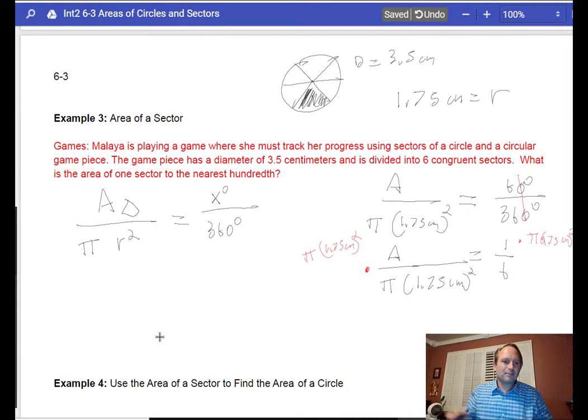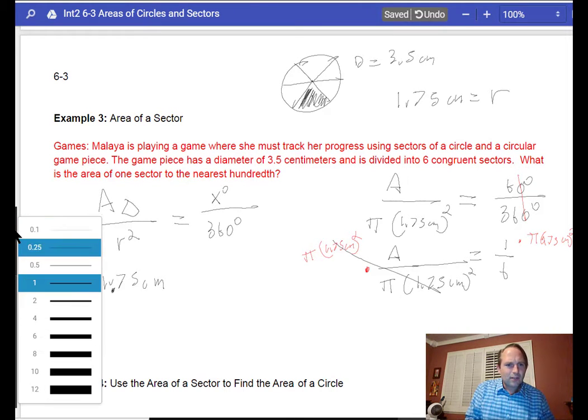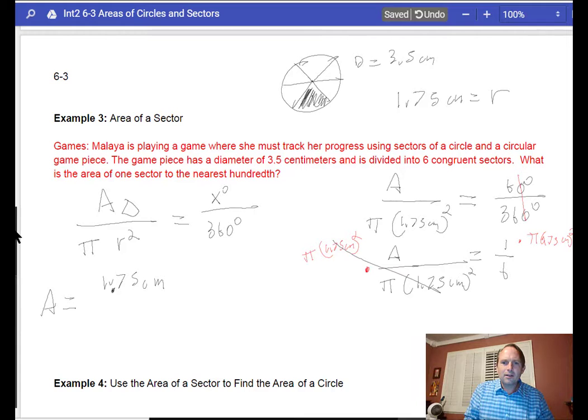Let's rewrite it so it's easier to read. So these will cancel, and I'm going to be left with the area is equal to 1.75 centimeters, squared, times pi divided by 6.